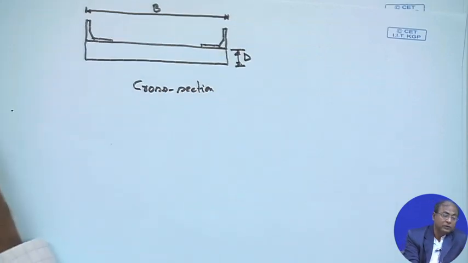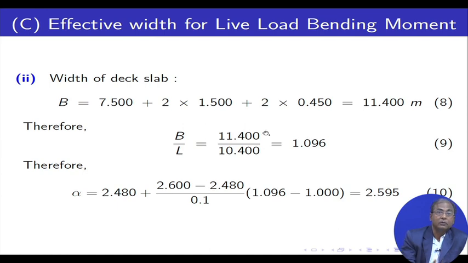So, we can find out now that total B is coming as 11.4 meter, and B by L is 1.096. So, we can get the alpha value, which is coming as 2.595, from the table.